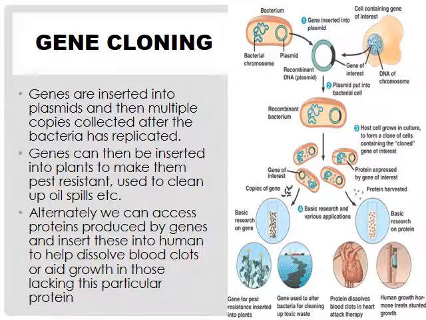So gene cloning, the way we would do it is, firstly, you would make a recombinant plasmid to insert the gene of interest into the recombinant plasmid. Then you would transfect some bacteria, so you place the plasmid back into a bacteria cell, and then we provide that bacteria cell with the right conditions for it to undergo binary fission, and we allow it to replicate itself many, many times.